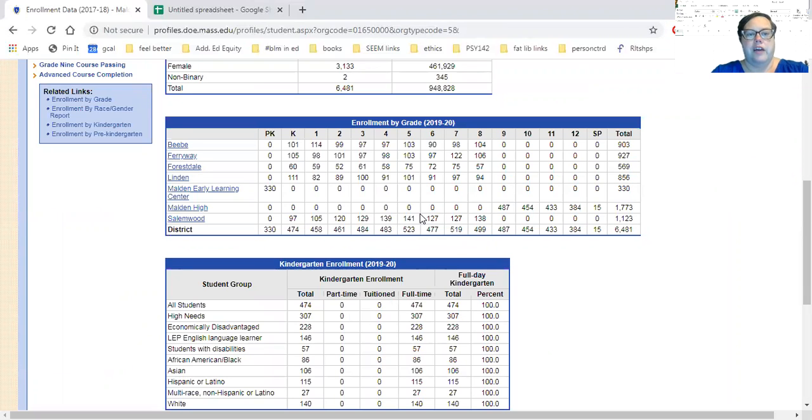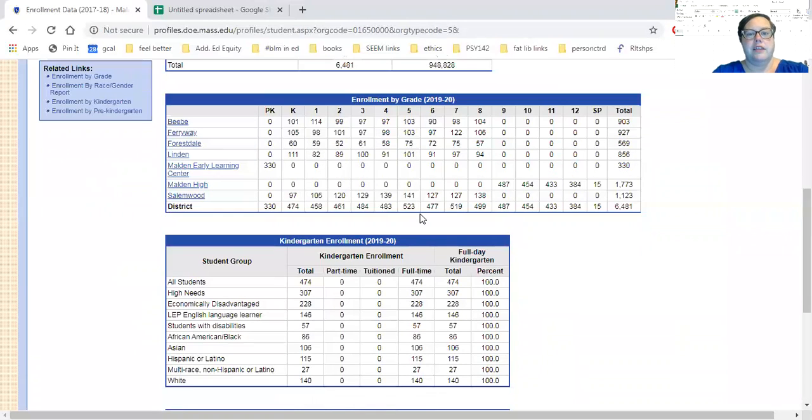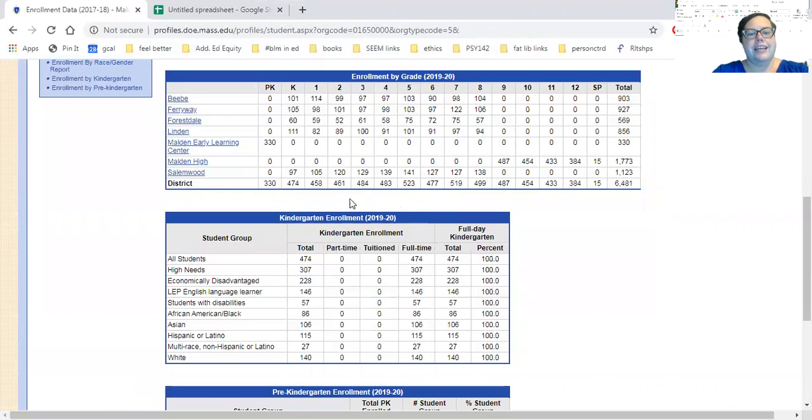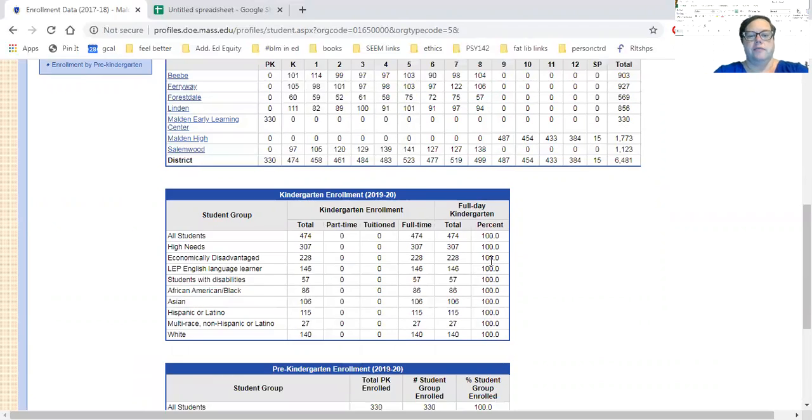So we have, as we just saw at the top, the general enrollment by race, the general enrollment by gender, and now we have the enrollments by grade, and then what does the kindergarten enrollment look like? So this does not take percentages. This percent is just looking at what percent are in half-day versus full-day kindergartens. Malden, like most districts in Massachusetts, has all students in full-day kindergarten.